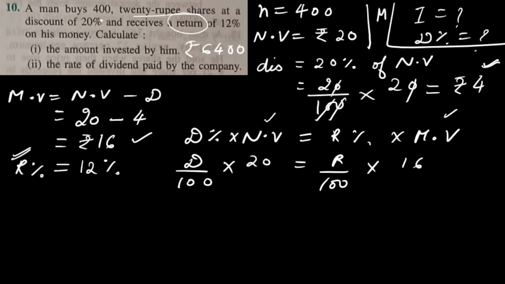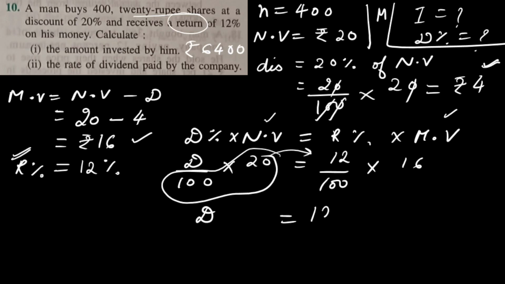Now, R's value is also given. This is 12. I just missed it. So 12 by 100. Okay. So all the given things I have written. Let's do cancellation. Before doing cancellations or calculations, you can shift these things to other sides also. Because we have to find D, we will keep D on this side.